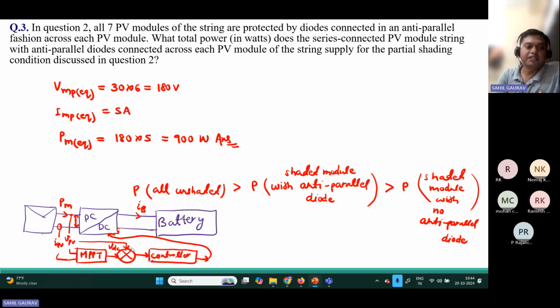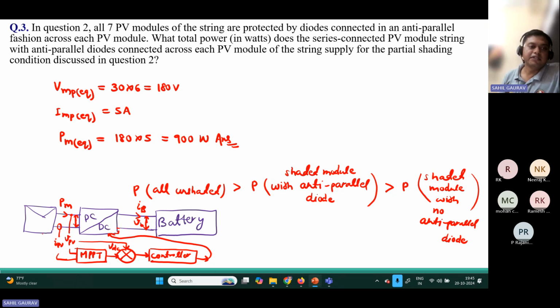But based on the voltage across this battery, deciding the voltage level, you are feeding the power. You are charging or discharging the current. Means you are taking the reference of this battery voltage and this current also, and from this controller, you are charging or discharging the battery.